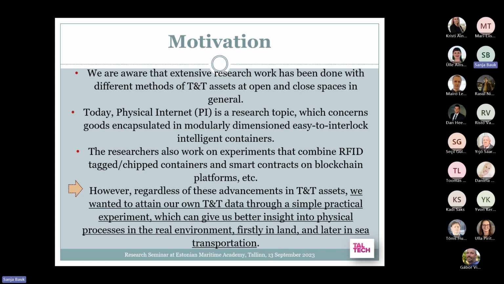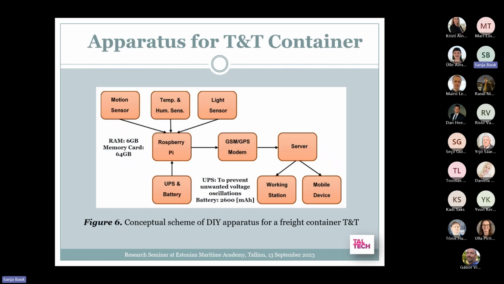However, regardless of these advancements in tracking and tracing assets, we wanted to attain our own data through a simple practical experiment, which can give us better insight into physical processes in the real environment, firstly in land and later in sea transportation.